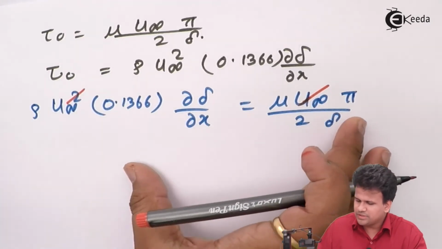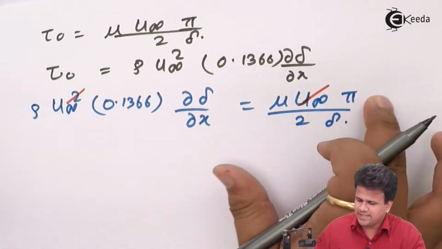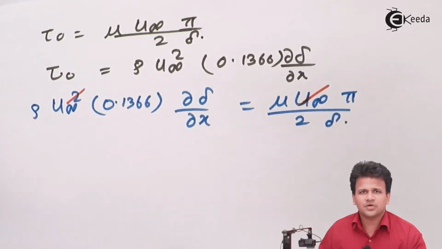So let us take all the terms containing delta on one side and all the x terms on the other side. All these terms other than delta and x are constant.